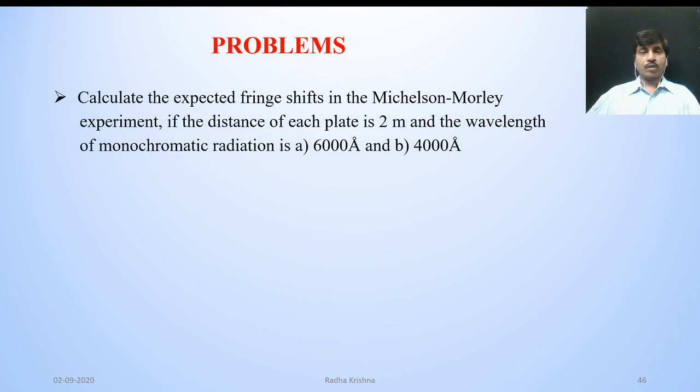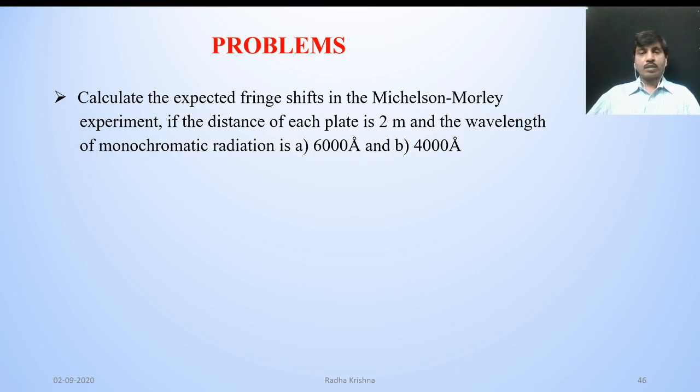Now, the first problem is: calculate the expected fringe shift in the Michelson-Morley experiment if the distance of each plate is 2 meters and the wavelength of monochromatic radiation is A, 6000 angstroms, and B, 4000 angstroms.